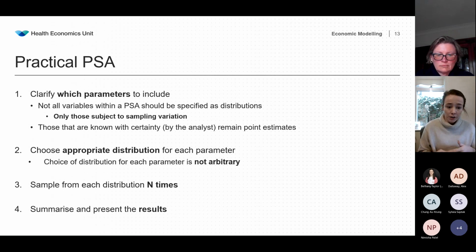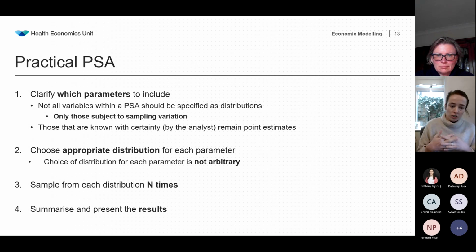And those that are known with certainty by the analyst remain point estimates. So like if you know that the cost is 800 pounds everywhere and that's not going to change, then you might not need to change that variable. If there's a distribution in the costs based on different parameters, then that wouldn't be true. So anything that you know with certainty might not need to be changed.